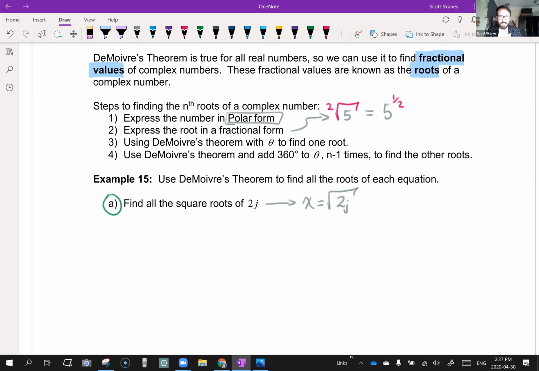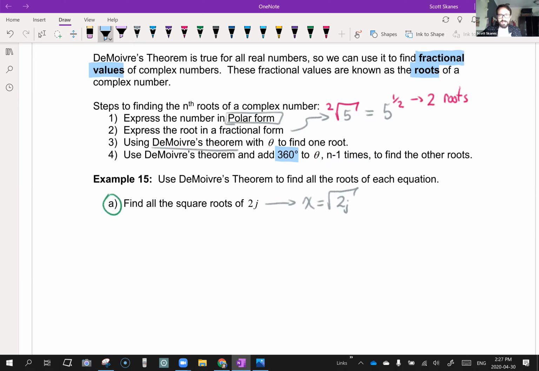You've definitely done this before in math. What this means is there will be 2 roots. That's because whatever type of root it is determines how many roots we're going to get out of this. That'll be clear soon. Now, we want to use de Moivre's theorem to find a root, and then we're going to add 360 a certain number of times.